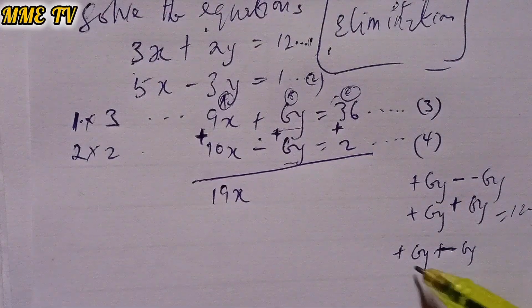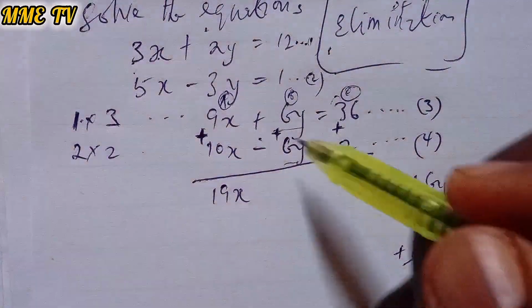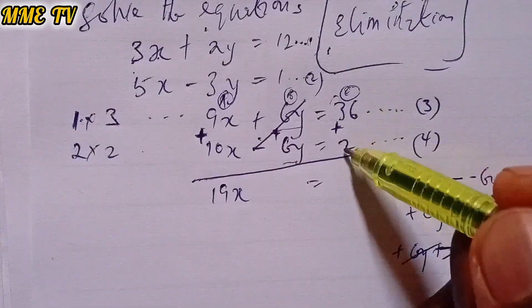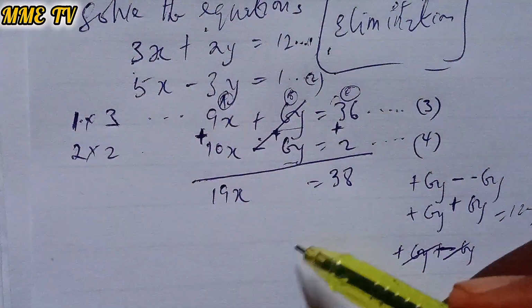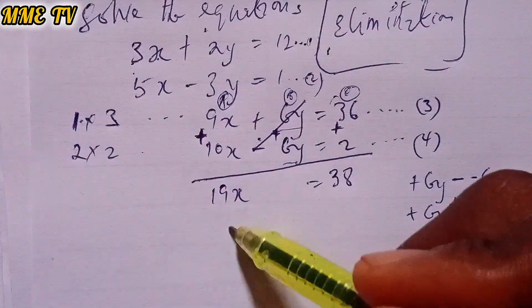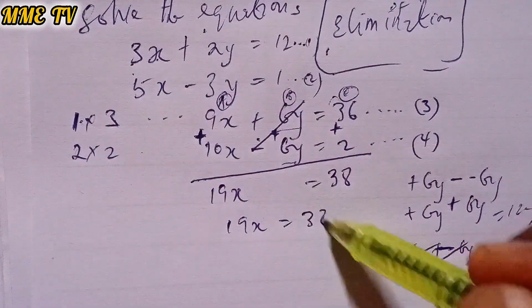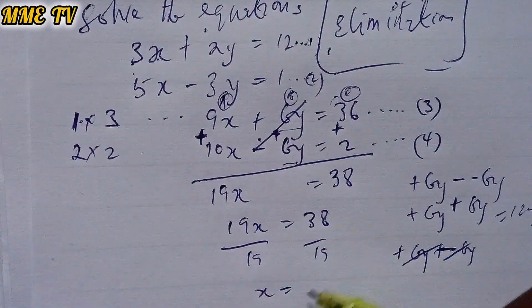So plus 6y minus 6y will cancel each other. They will eliminate, which means that this one will go off. Then I'll be having 36 plus 2, which is 38. Then at this point, I'll divide both sides by the coefficient of x, which is 19 and 19. So the value of x is 2.